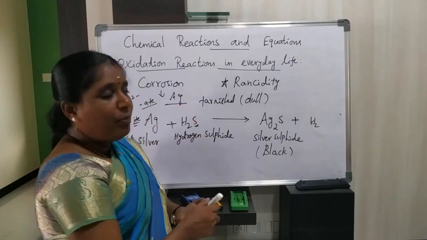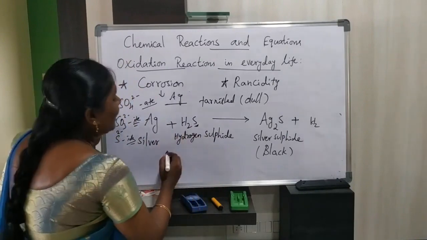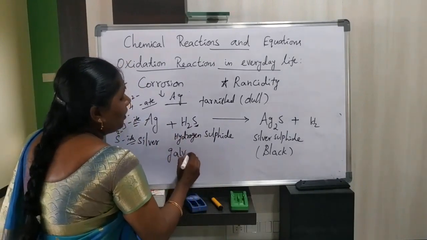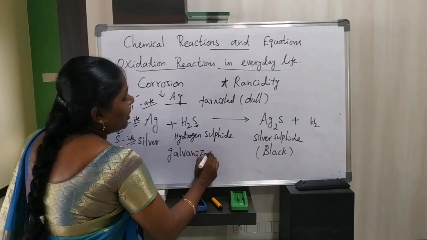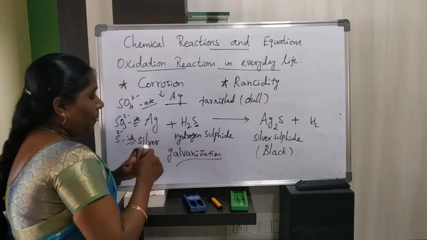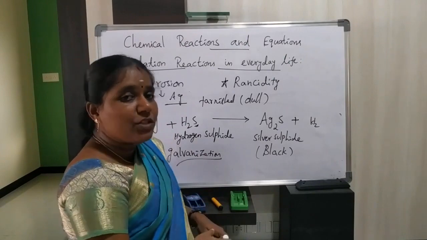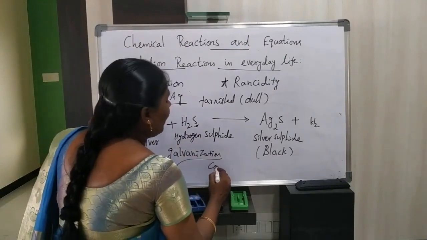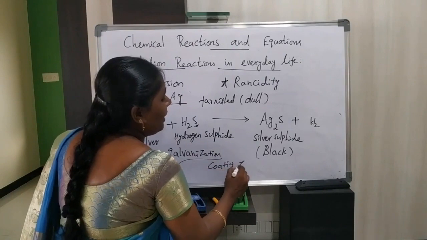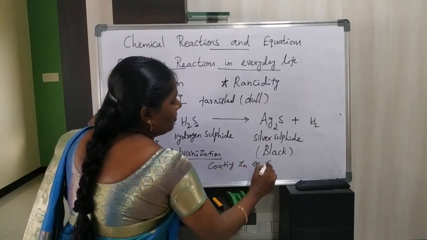And one more method is galvanization. By galvanization also we can prevent this corrosion. What is meant by galvanization? It is nothing but coating zinc on iron.